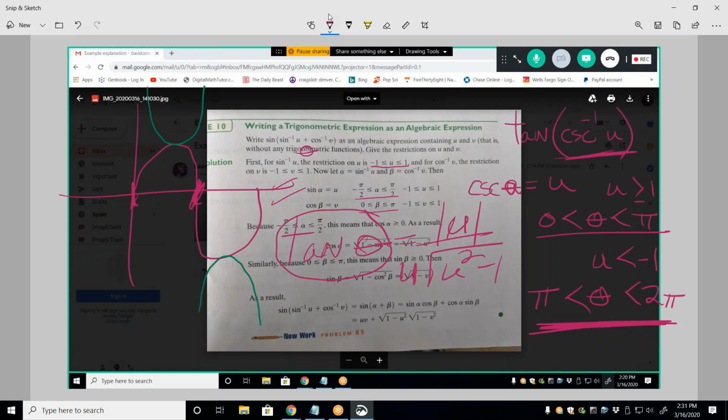And then the absolute value doesn't matter. No, hold on. What if u is 2 and theta is in the second quadrant? Let's say u is right there.